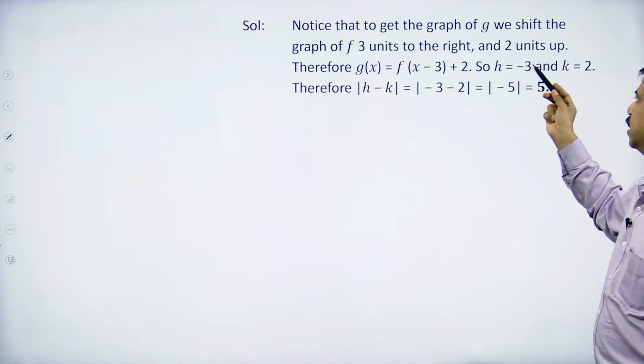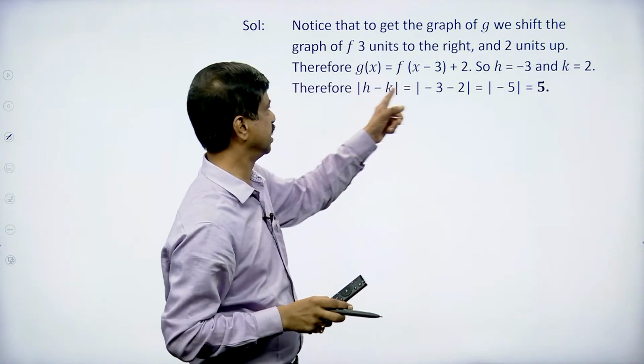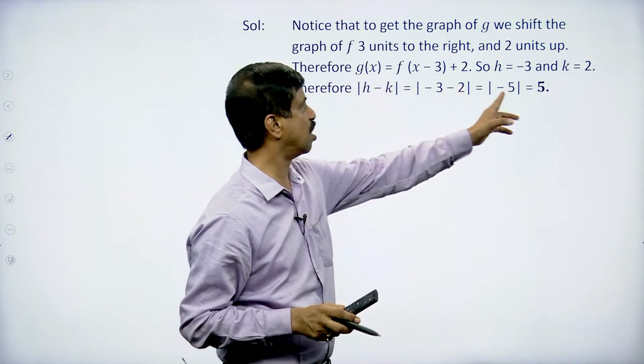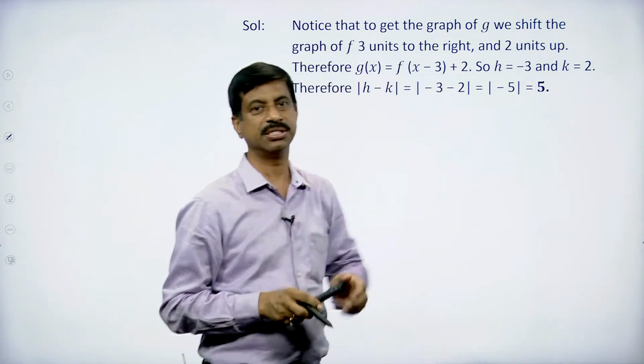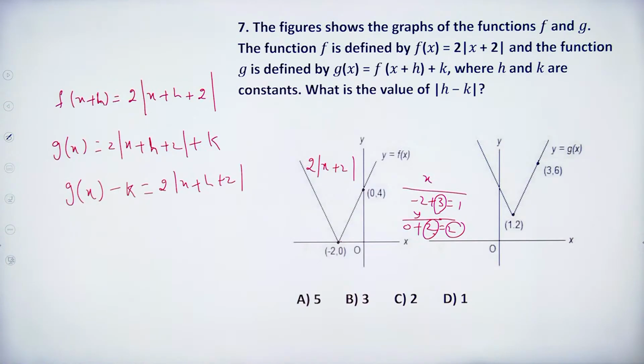What is mod of h minus k? Minus 3 in place of h, minus 2 in place of y. So it is mod of minus 5. So totally it is 5 units. Please note it fast. So let's move back.